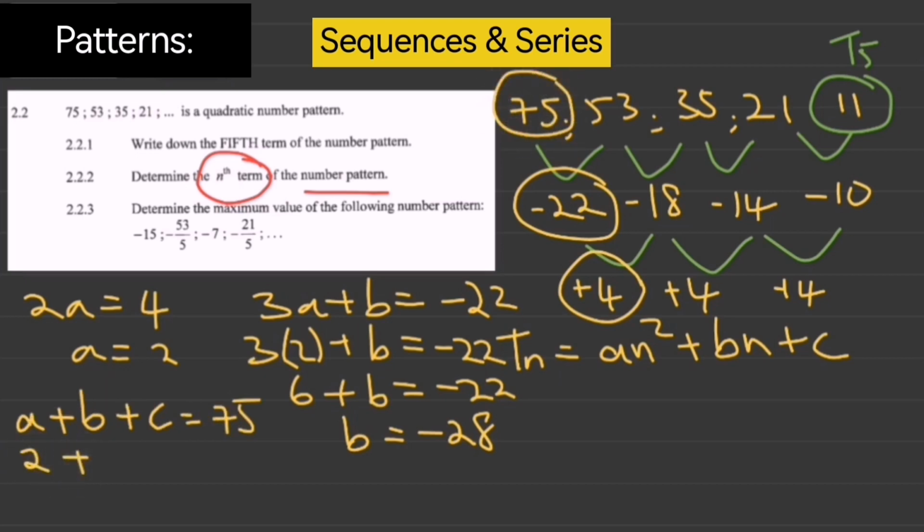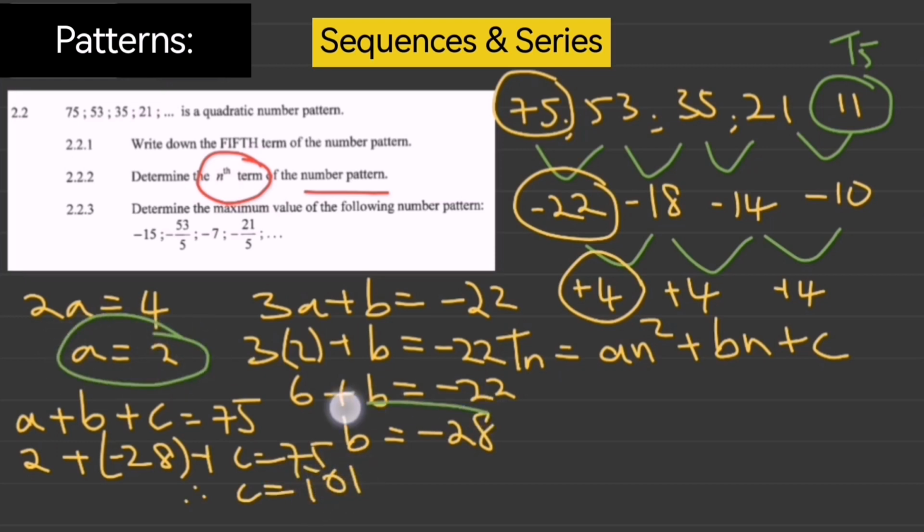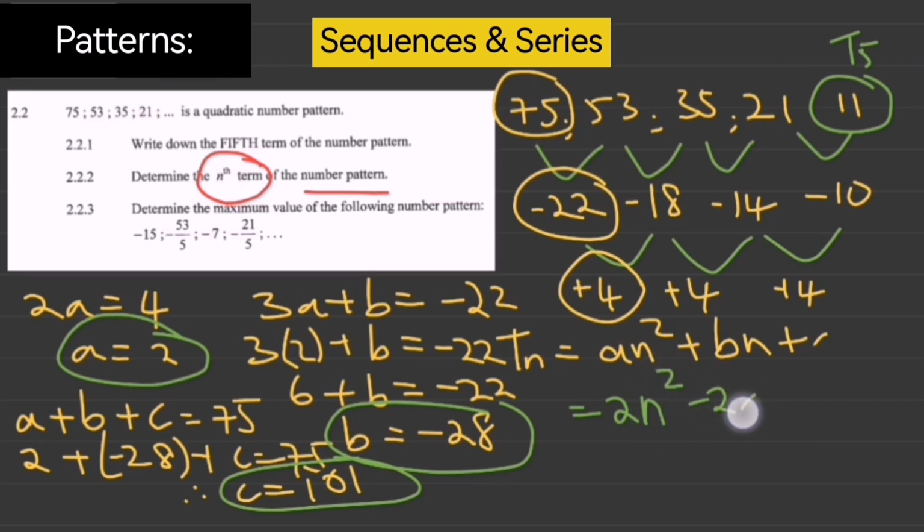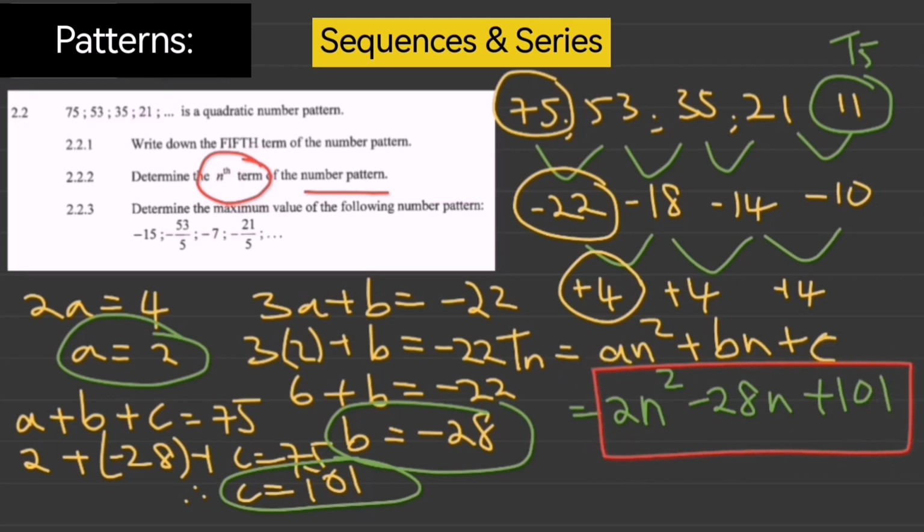Substitute a with 2 and b with -28, then calculate c. Here you can find that c is equal to 101. So a is 2, b is -28, and c is 101. Substitute this into your general formula: 2n squared minus 28n plus 101. And that's your general formula.